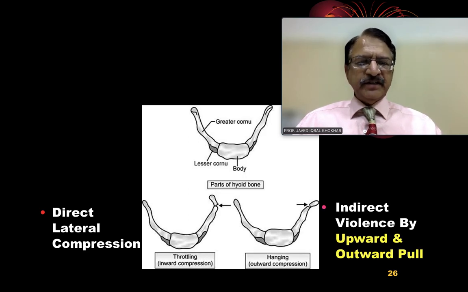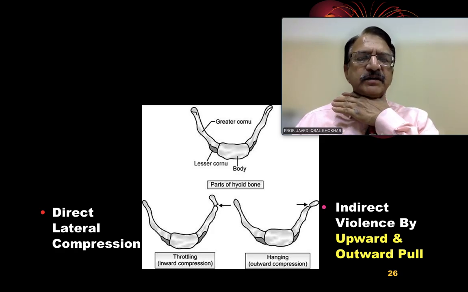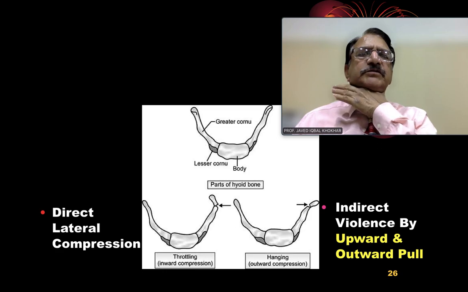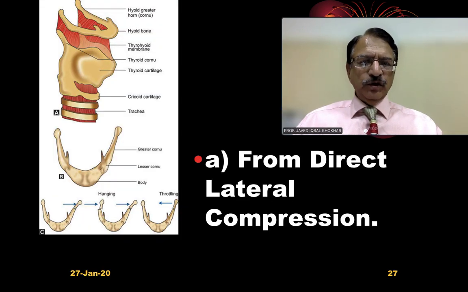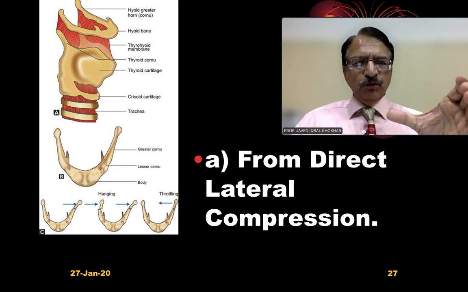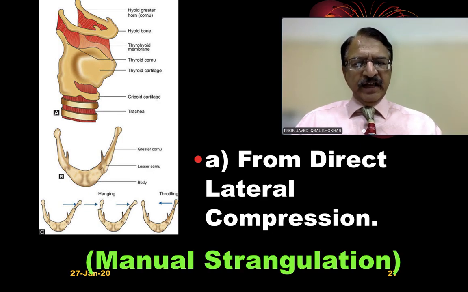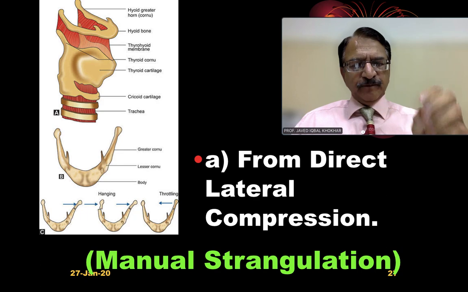The other mechanism is indirect violence by upward and outward pull, and this will cause the fractured segment of the hyoid bone to displace outward. So direct lateral compression will cause the fractured segment to move inward, and this happens in manual strangulation.